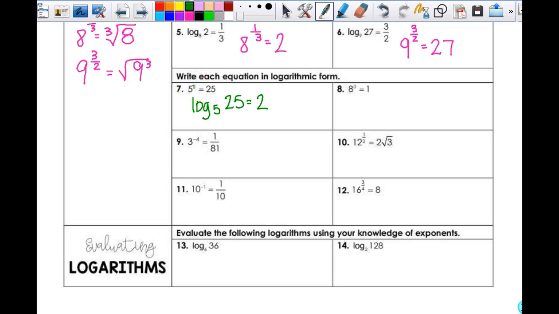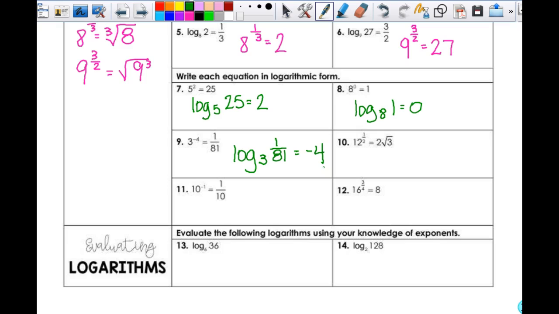You go around the little circle again. So here, log base what? 8 of 1 equals 0. And then this would be log base what? 3 of 1 over 81 equals negative.